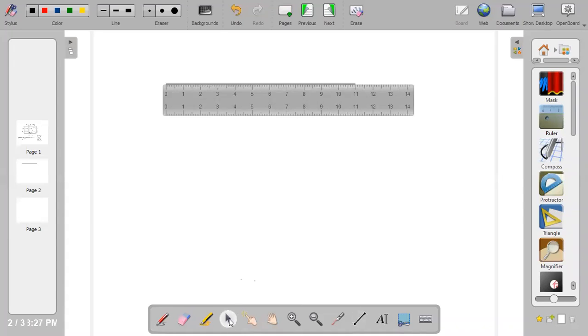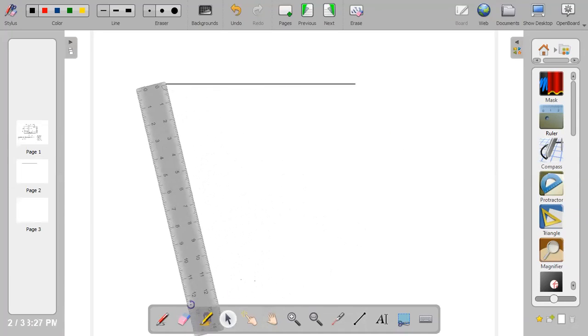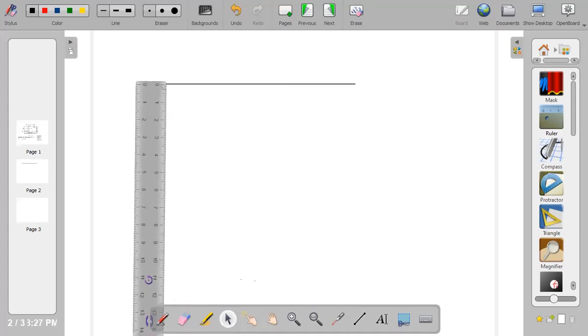The breadth is 6 centimeters. I'll move my ruler, make sure it's at 90 degrees. Make sure whatever you're drawing is at 90 degrees. So I'll draw my breadth 6 centimeters, take the ruler down to 6 centimeters, and I'll stop.